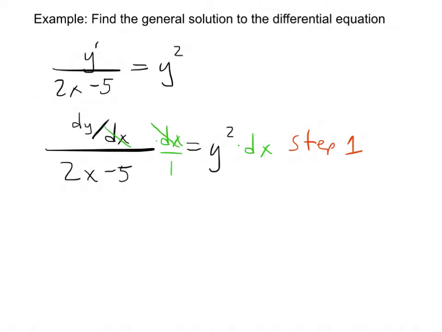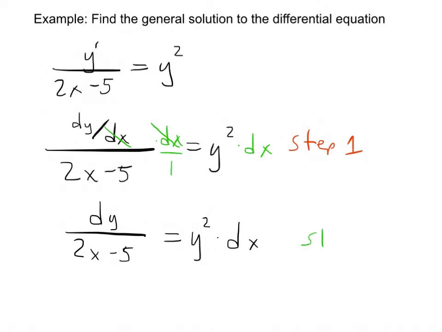So when that's done, I end up with dy over 2x minus 5 on this side, and on the other side I have y squared times dx. That was effectively step 2.